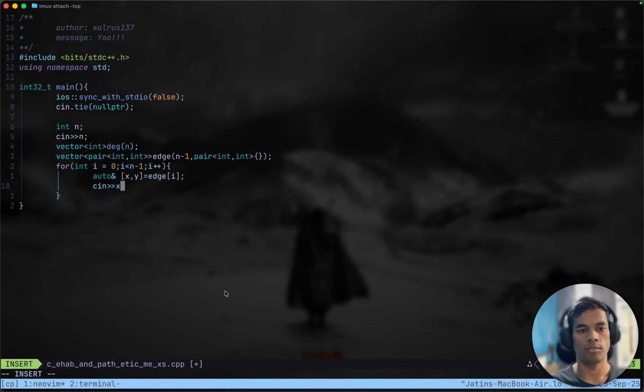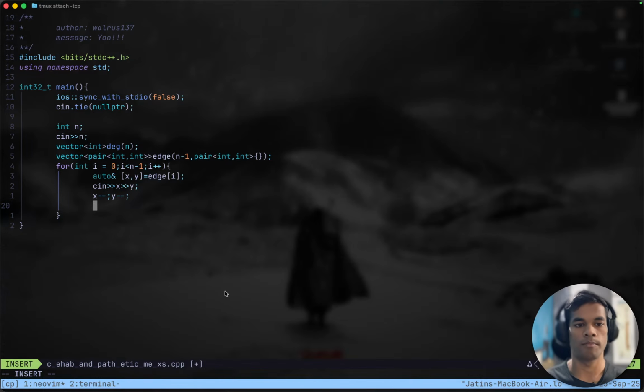So we will take in input to x and y, and we'll do x minus minus and y minus minus to make these vertices zero indexed, and then we will increase their degree. Degree of x increases by 1, and degree of y also increases by 1.